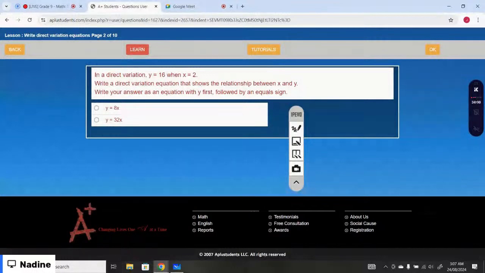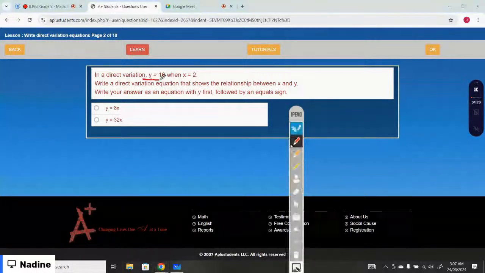In a direct variation, y equals 16 when x equals 2. Write a direct variation equation that shows relationship between x and y. Write your answer as an equation with y first followed by an equal sign. So you are given y equals 16 and x equals 2.